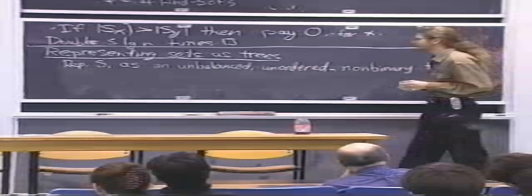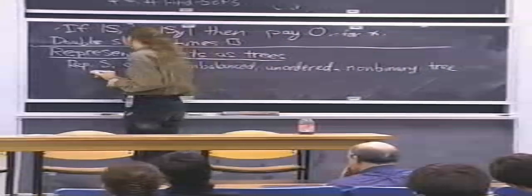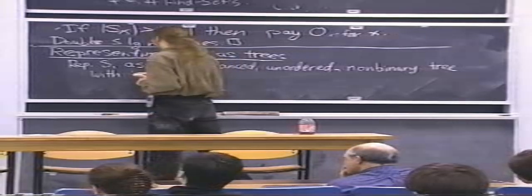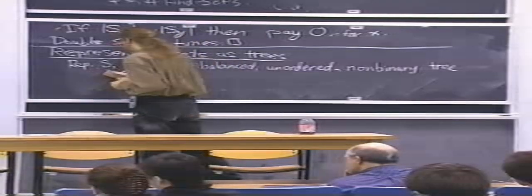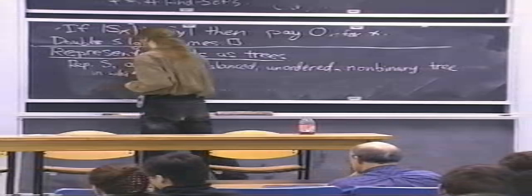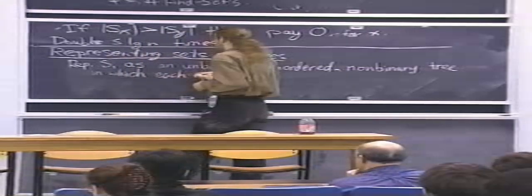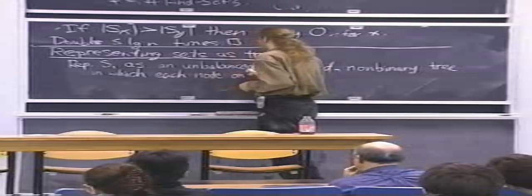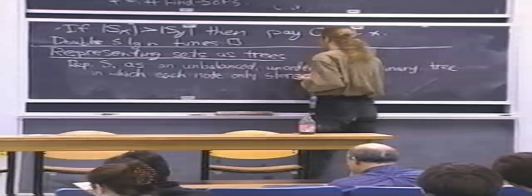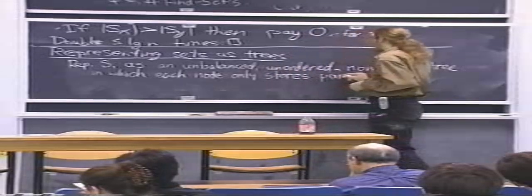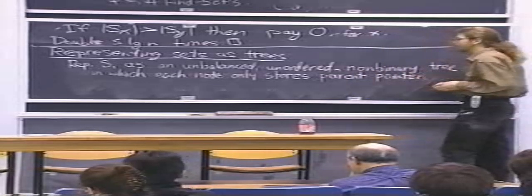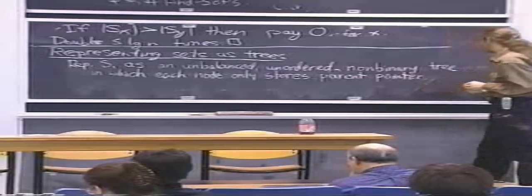So each node is only going to store parent pointers. We'll augment it with other stuff, but in particular, it doesn't store child pointers. So that's what we're going to do.